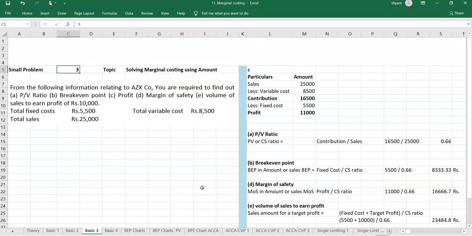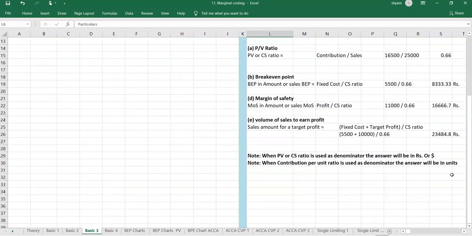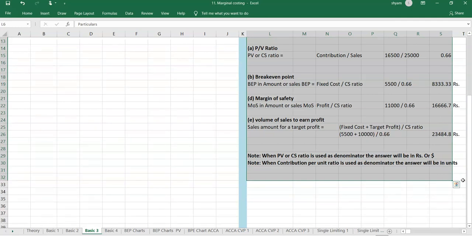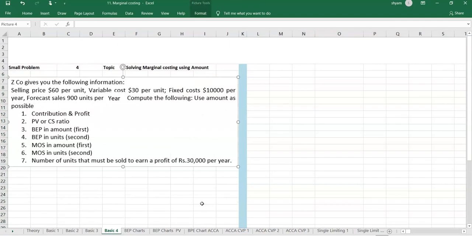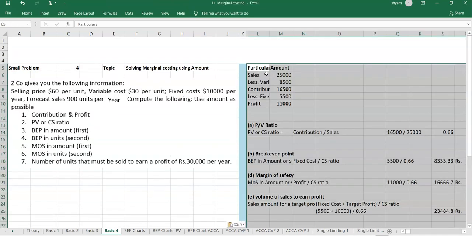So we can get all the formulas done earlier. We can put them here and we'll start.